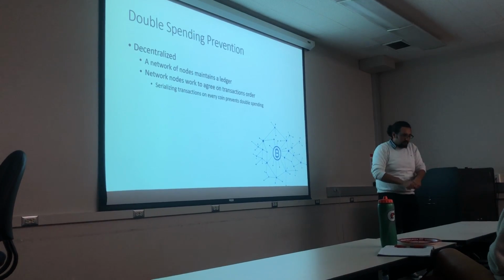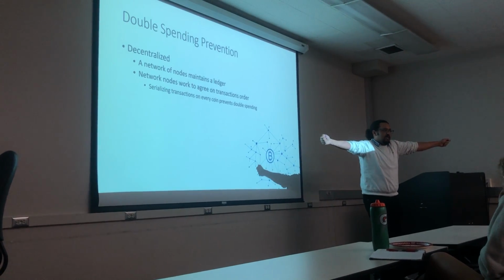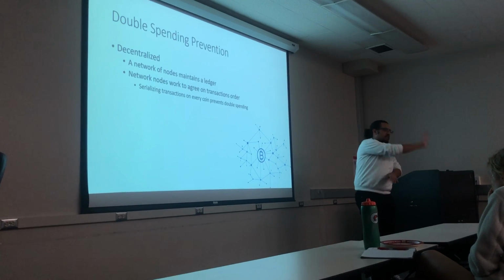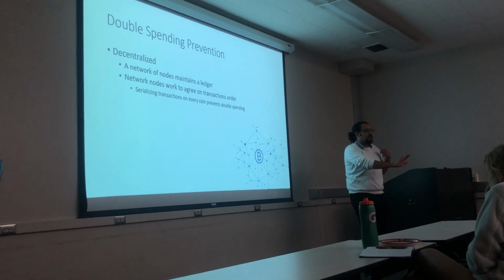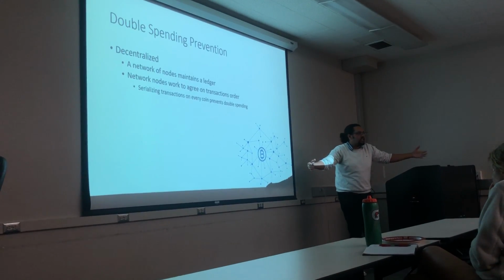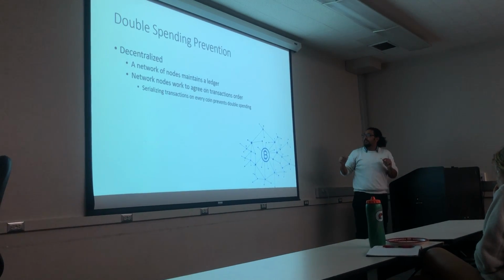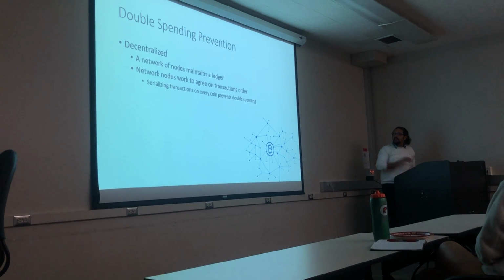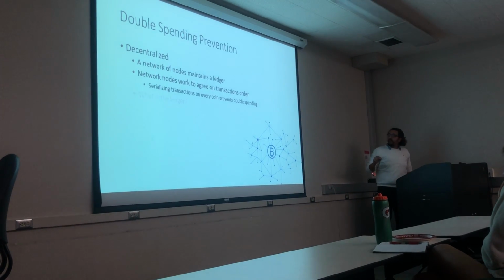If I'm trying to spend the money to two people at the same time, if the first transaction happens first, the second one will be rejected. If the second one happens first, the first one will be rejected. If we have a total order of the transactions, double spending can be prevented. So what we want to do is serialize transactions on every coin to prevent double spending.